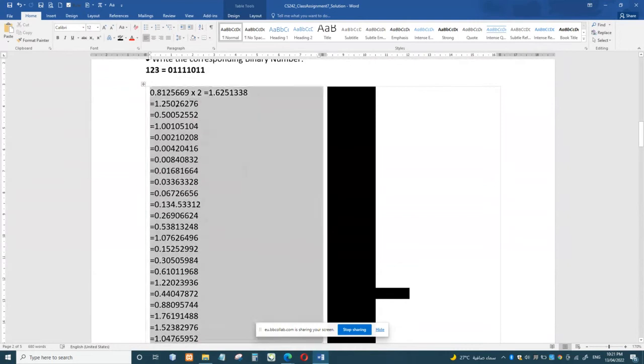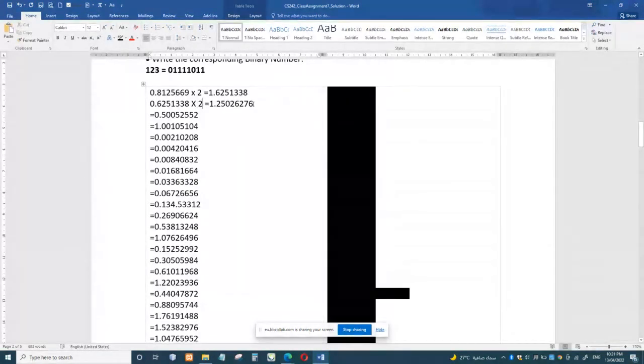Are you understanding this one? So basically what you have to do here, you have to write 0.625138 multiplied by 2 equal to this one. Then 0.625138 will be again multiplied by 2, so we'll get 1.25026276.